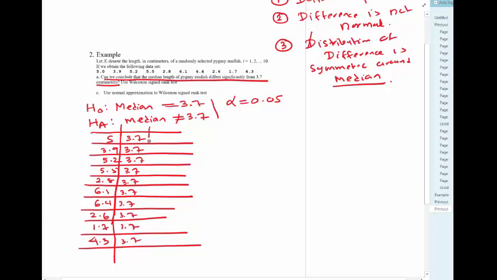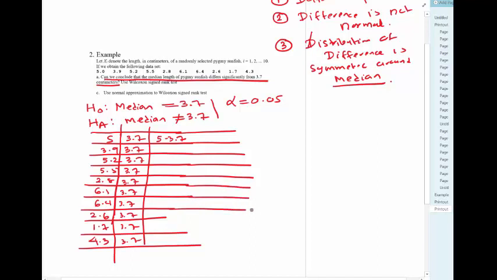So now I can calculate the difference. I take 5 minus 3.7, and that's going to give me 1.3.